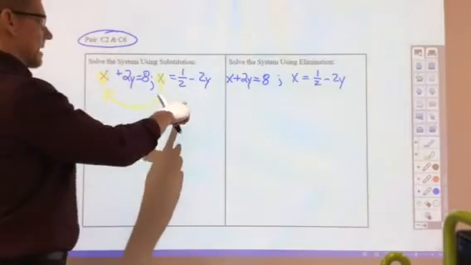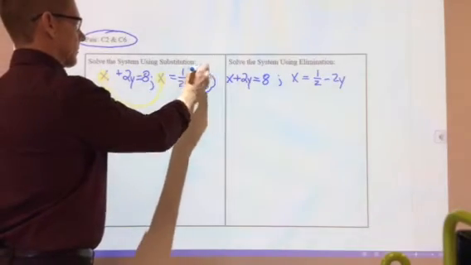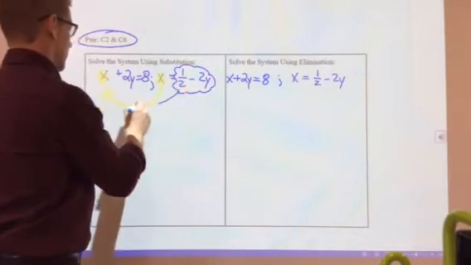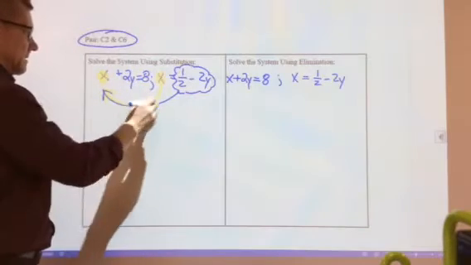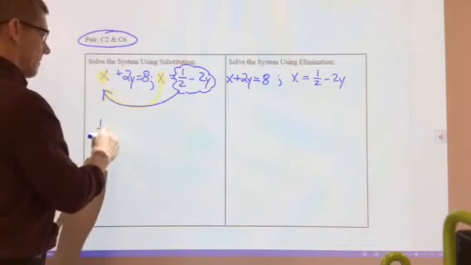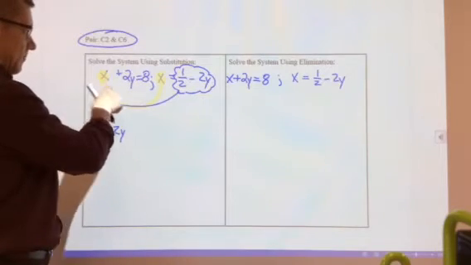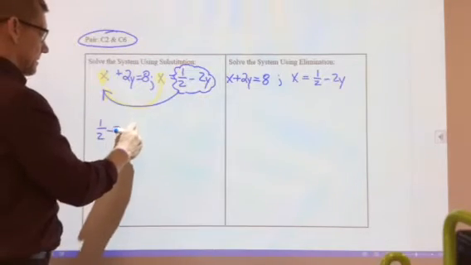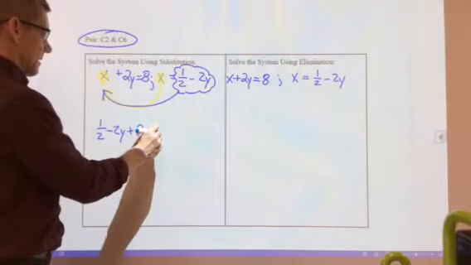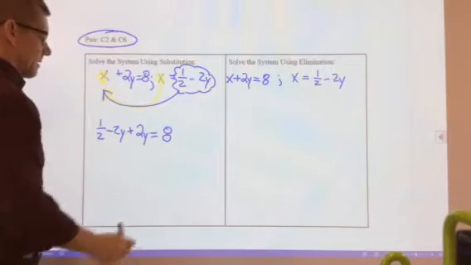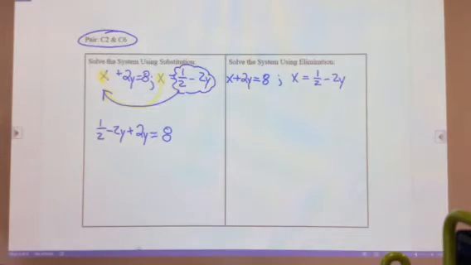So now you'll notice I'll take this and I'll put it in what x is equal to. I have 1/2 minus 2y in for x. I'm going to rewrite this equation, plus 2y equals 8. Now I'm going to solve for the variable y.